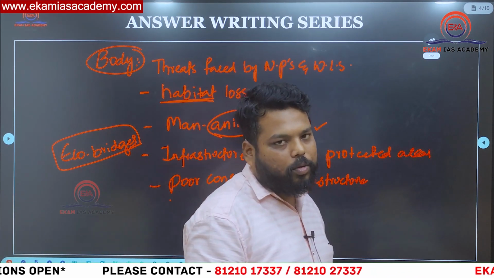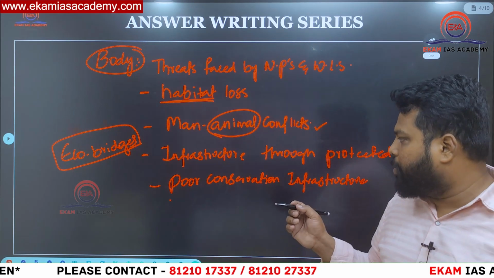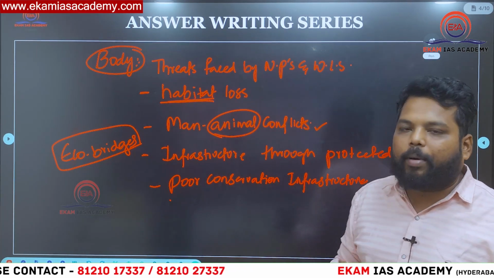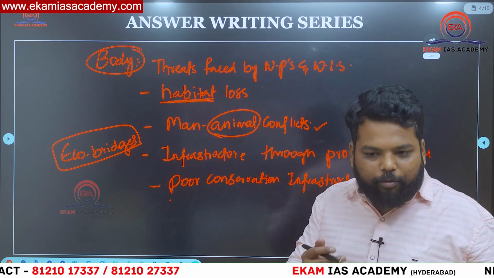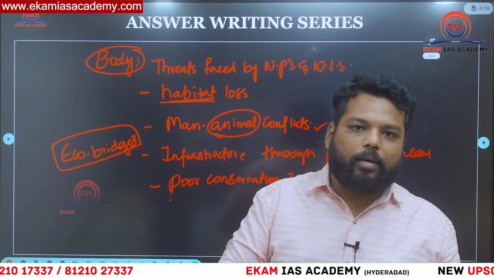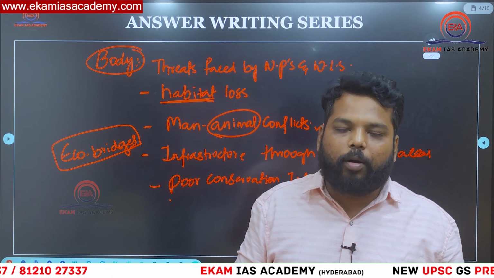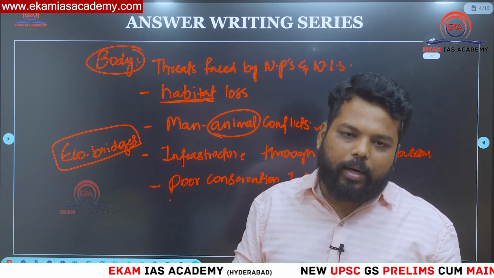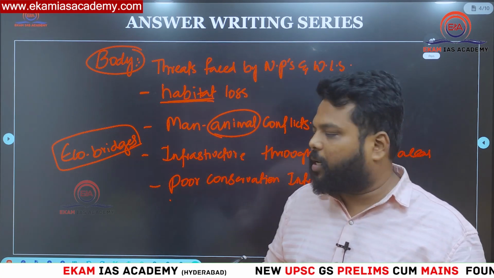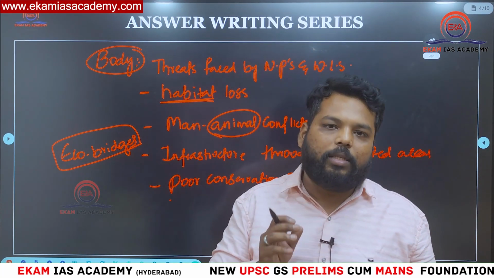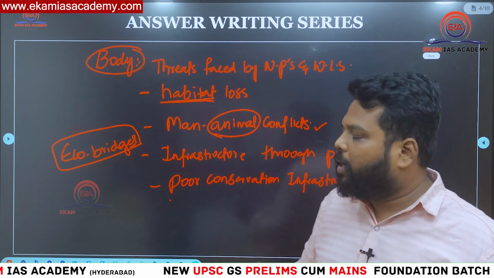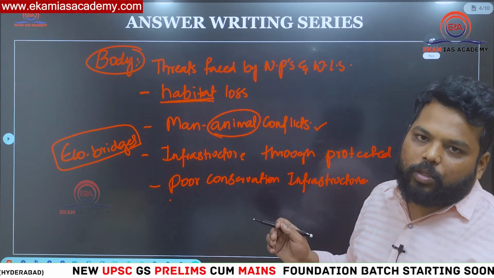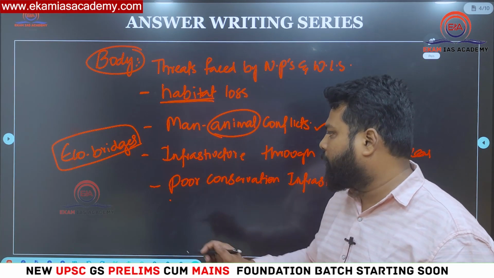In this regard also we have poor conservation infrastructure, whether it is manpower, front-line force, the fencing, or predator prey relations. We end up following poor conservation methods because of the poor conservation infrastructure which we have. So this is one particular reason.